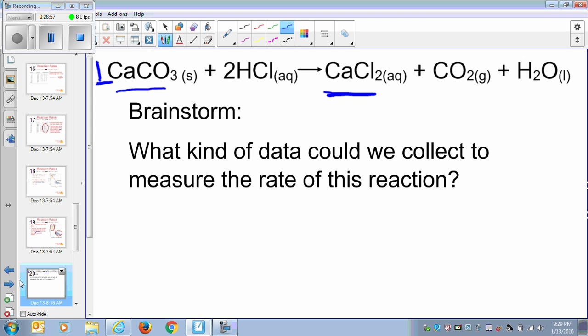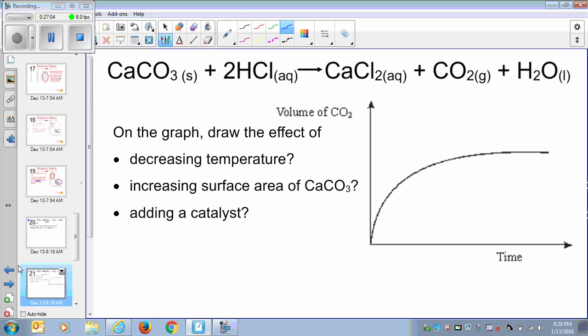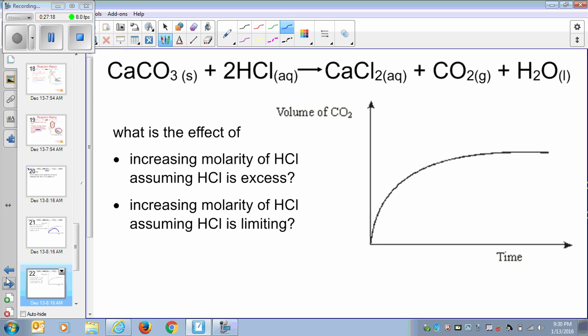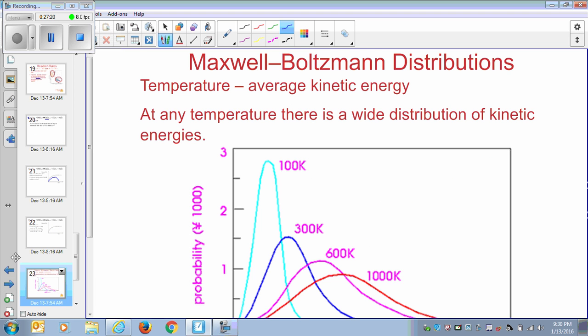So if I have to calculate the rate of reaction, I would consider these components. On the graph, draw the effect of decreasing the temperature. If you decrease the temperature, the reaction will slow down. If you add the catalyst, the activation energy goes down. So we will do these examples in the class.